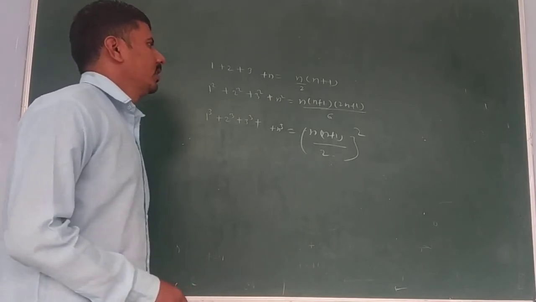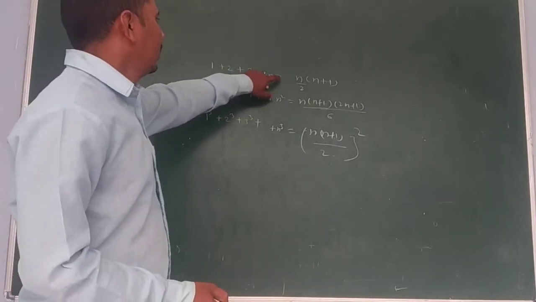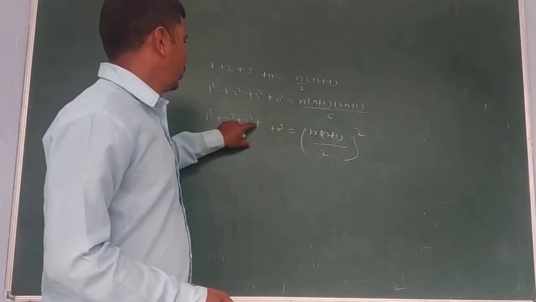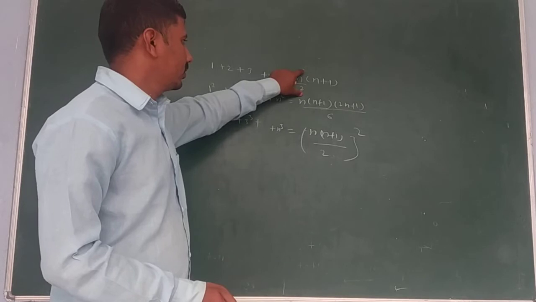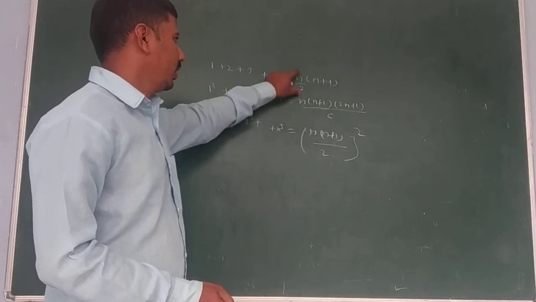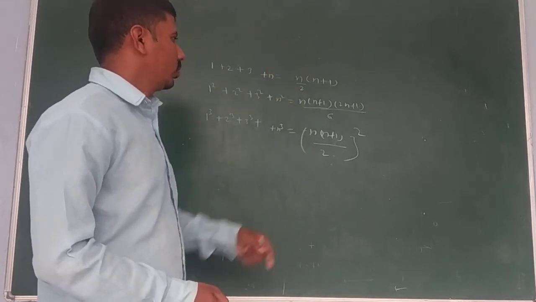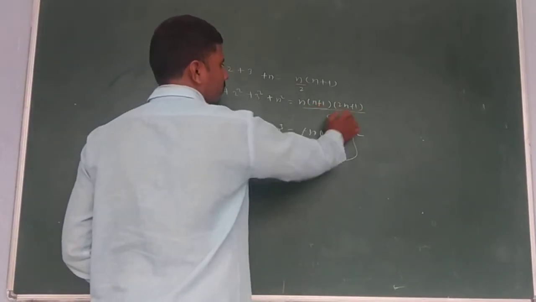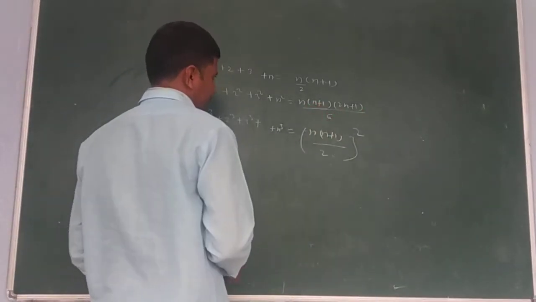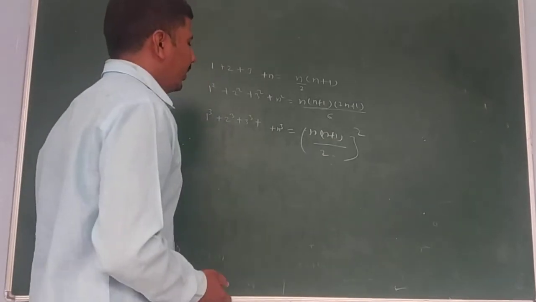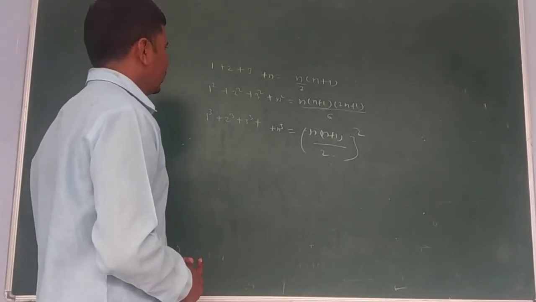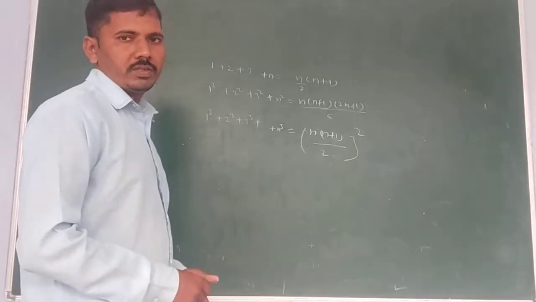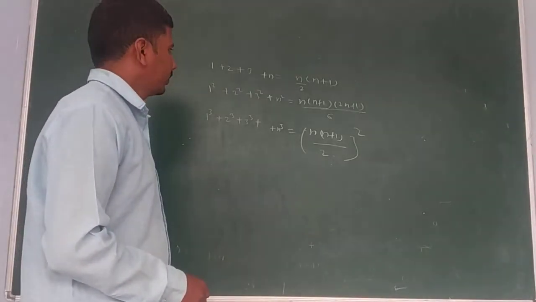So remember these things. Here n into n plus 1 is common everywhere. And for n cube we have made the square of this only. So you can remember this formula and its square will be there. Here n into n plus 1 is there, 2n plus 1 is added extra and the denominator is 6. So likewise you can remember the formulas and solve the examples.